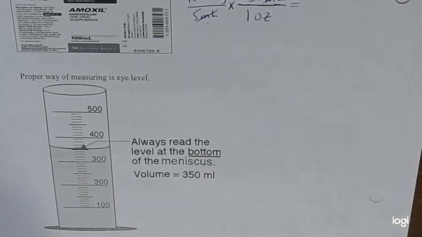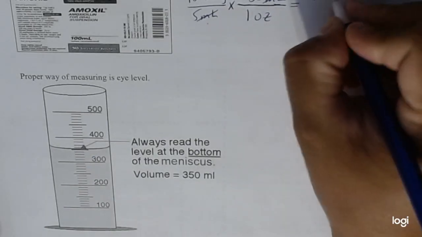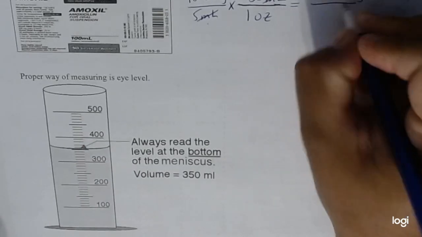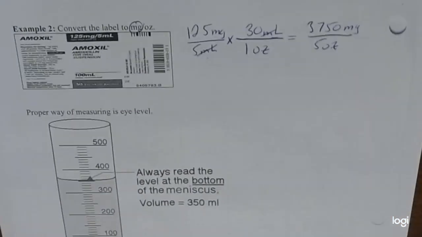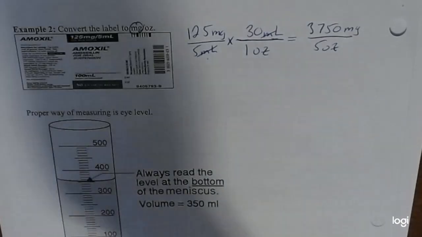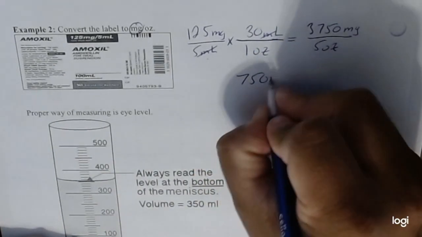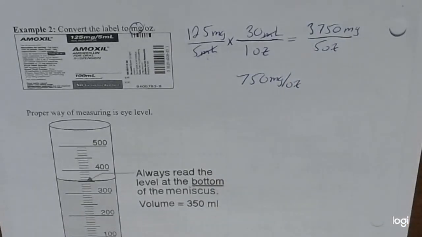So 125 times 30 is 3750 milligrams over 5 times 1 is 5 ounces. And now all you're going to do is divide. So divide by 5, and we get a grand total of 750 milligrams per ounce. And that's it.